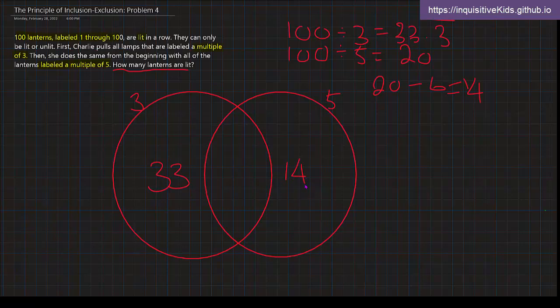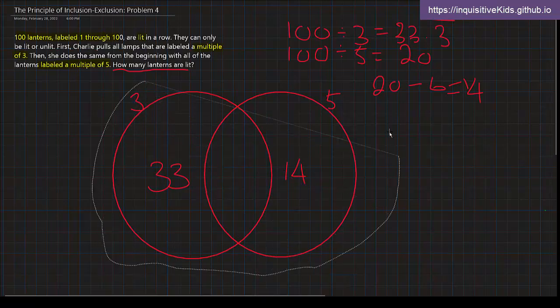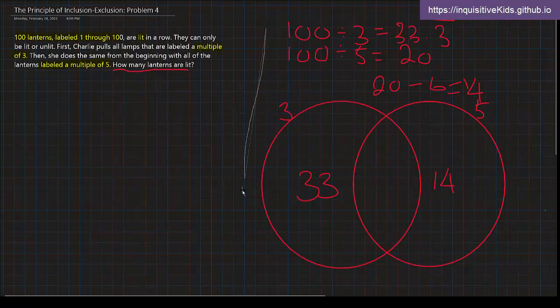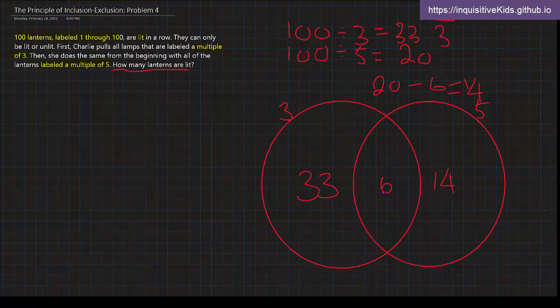In the other problem, in the end we calculated it all together, but it's different for this problem. In the middle is 6. She first pulls all multiples of 3. Then she goes to the beginning and pulls all multiples of 5.